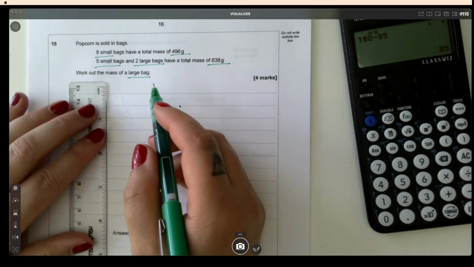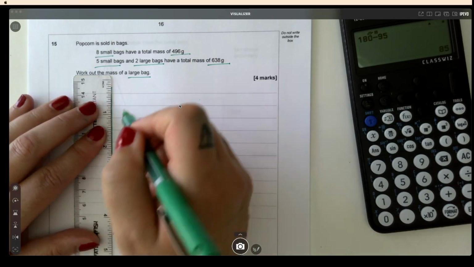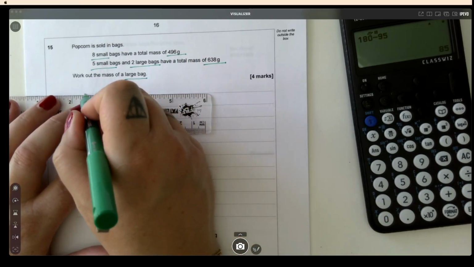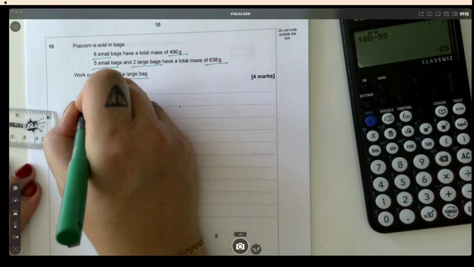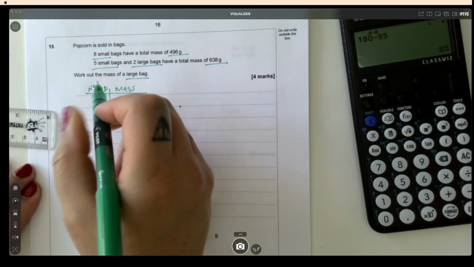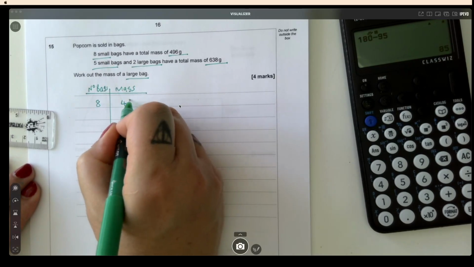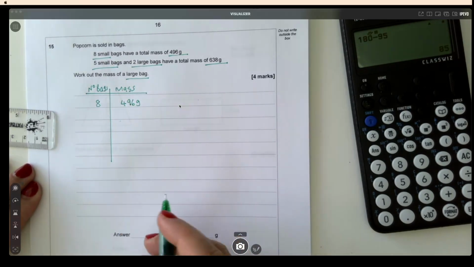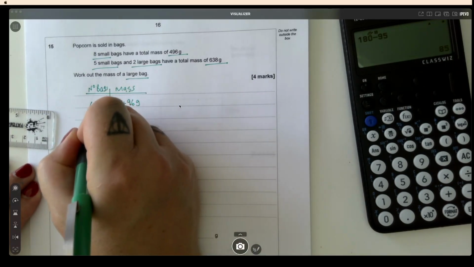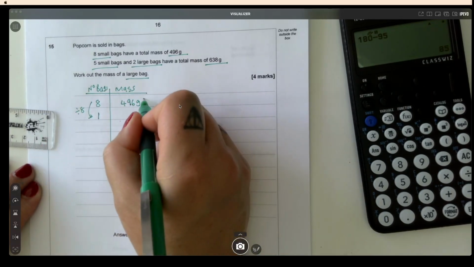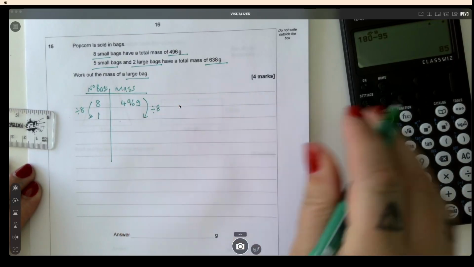So I'm going to use a proportion table, which I've used before in previous videos. So this is mass and then number of bags. 8 bags have a mass of 496 grams. If I want to find out what one small bag weighs, I'm going to divide by 8, and then I can do the same on the other side.